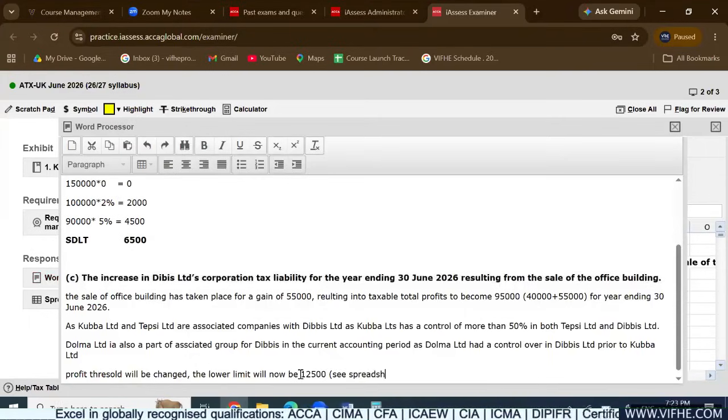Now again, 12,500 is the lower limit, and I'll say see spreadsheet. Personally speaking, I'm not in favor of doing such nominal calculations on the spreadsheets, but I really wanted to revise this so that you come to know how things are to be taken into account when you are using both the documents.